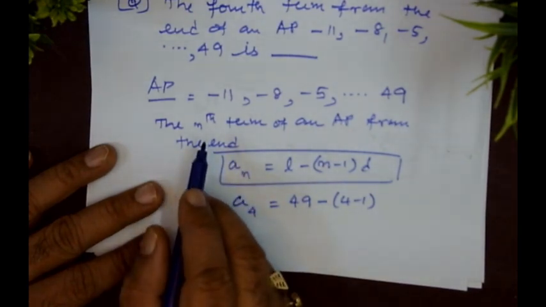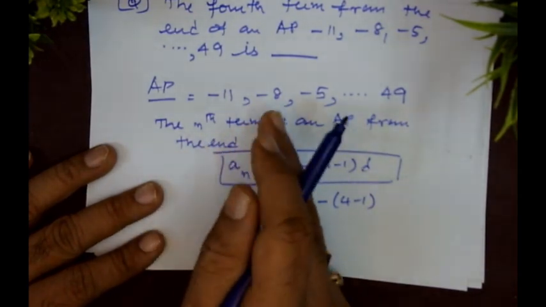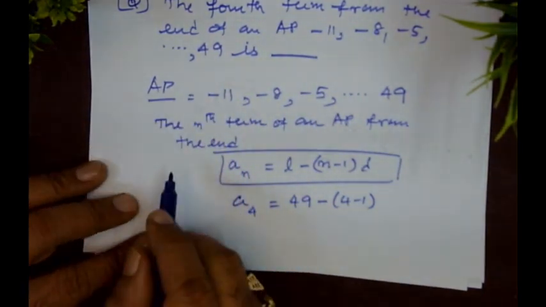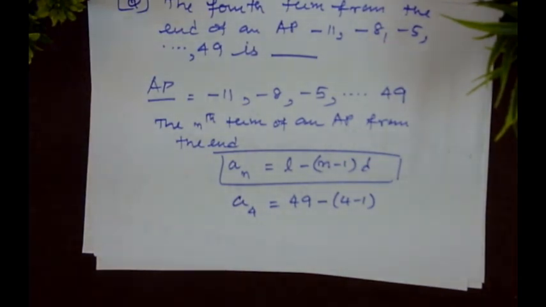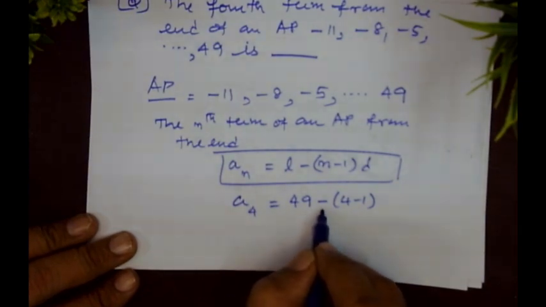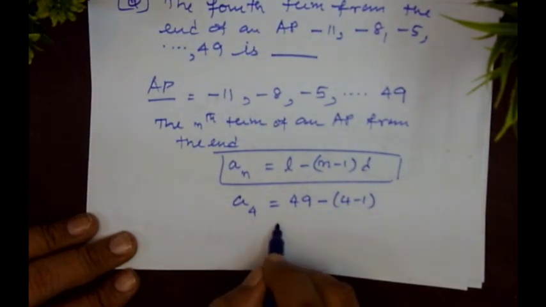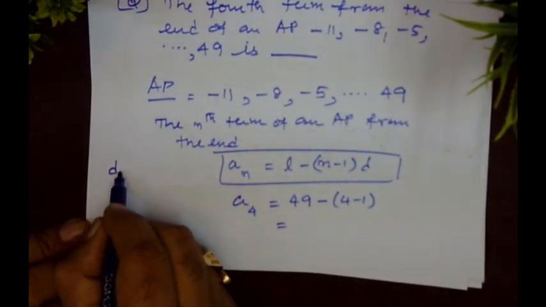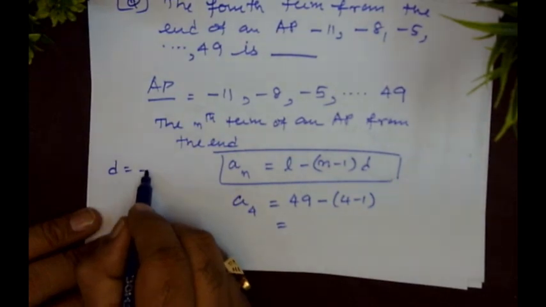The common difference d is the second term minus the first term.